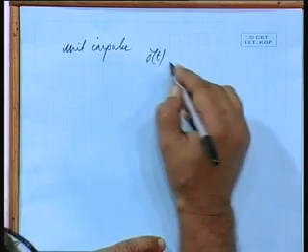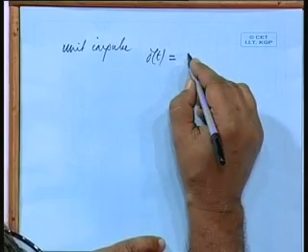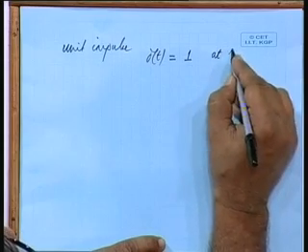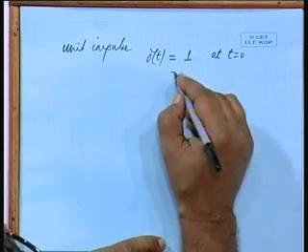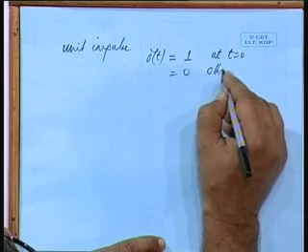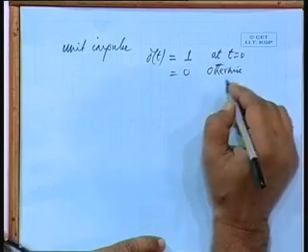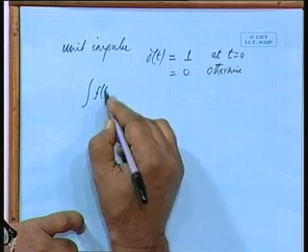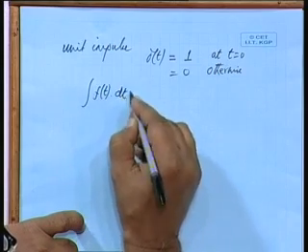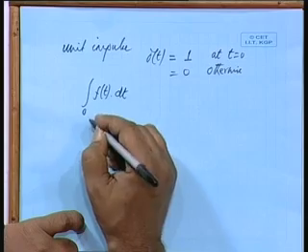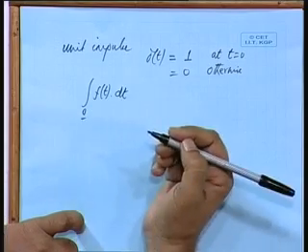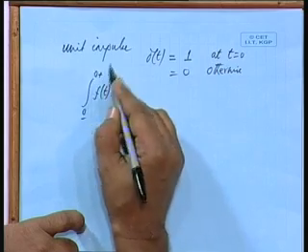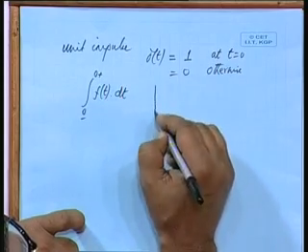This is a function whose value is 1 at t equal to 0 and equal to 0 otherwise, where this function is representing the force. So, this is from 0 minus to 0 plus, or you can write infinity, it really does not matter.